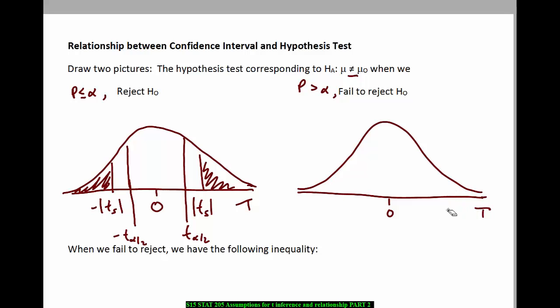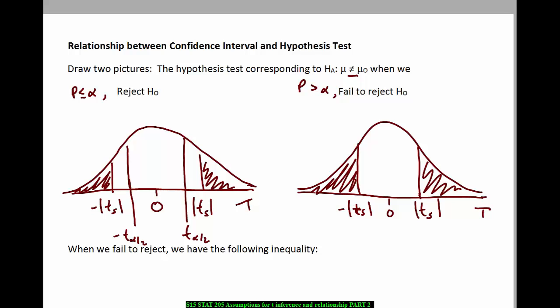That was not good planning. This time the p-value region is bigger than the alpha region. So we're going to draw our p-value region the way it should be, that it's the area to the right of the positive version of the test statistic plus the area to the left of the negative version of the test statistic.